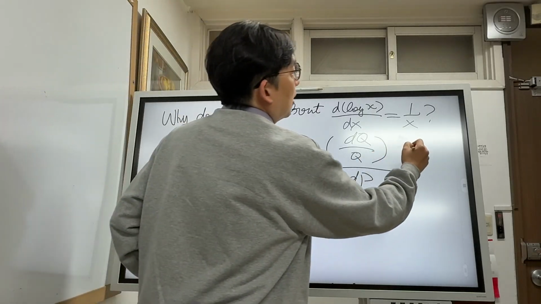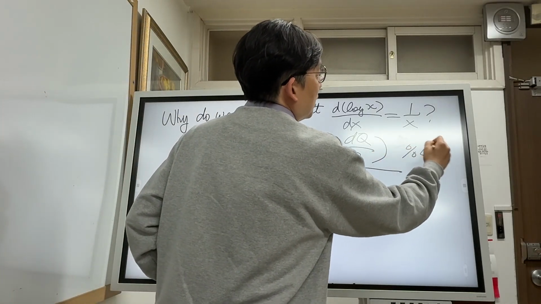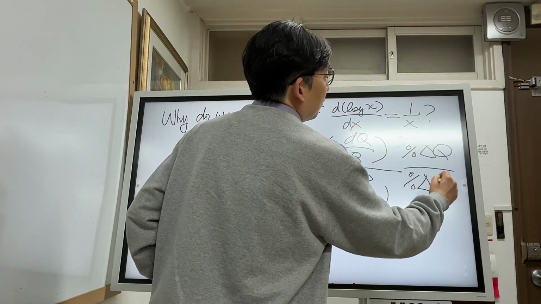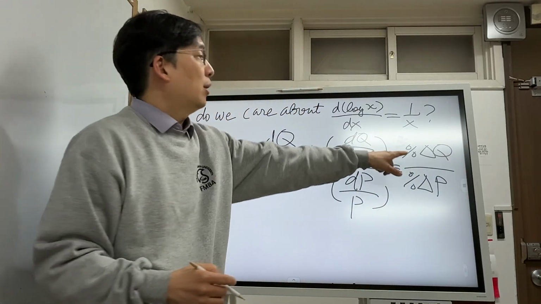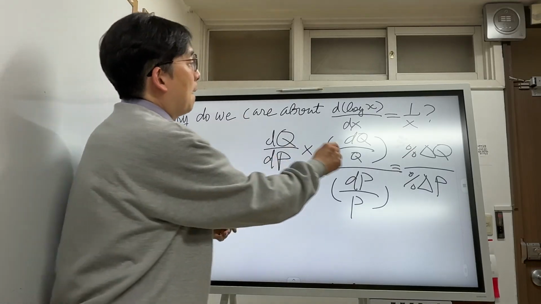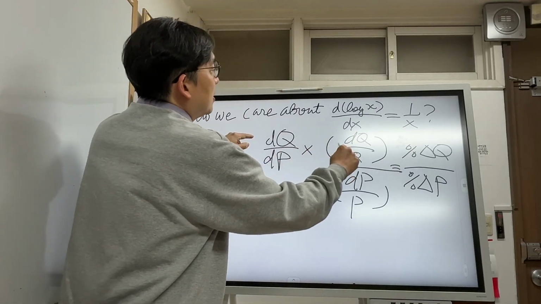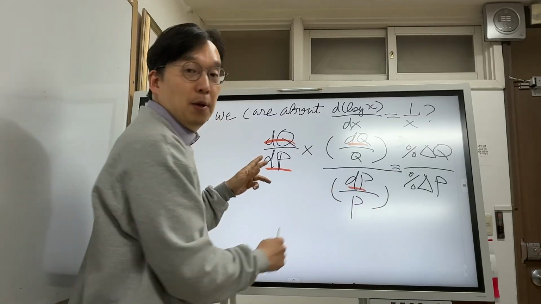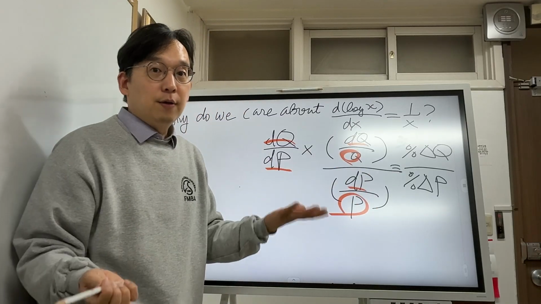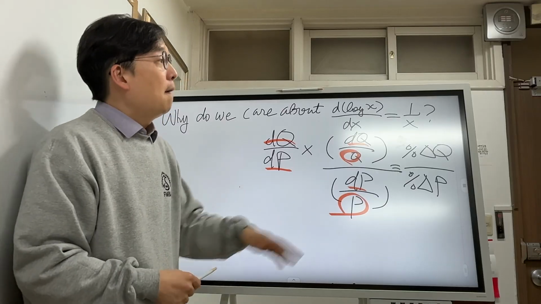This is the percentage change in quantity over the percentage change in price. Why do we use this instead of that? Clearly, we have differences. Common things are there, but we still have differences like this. Why do we do that?